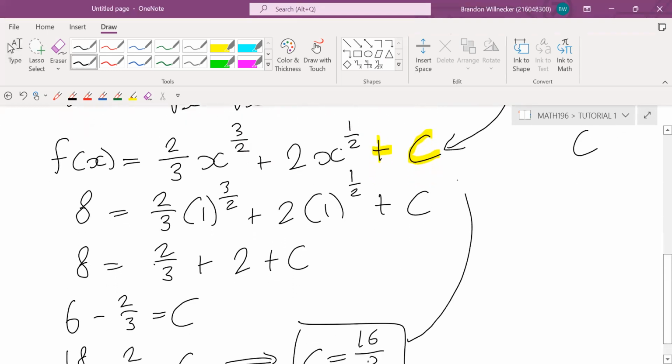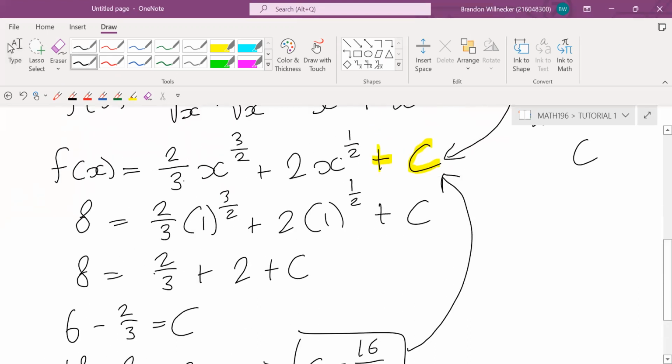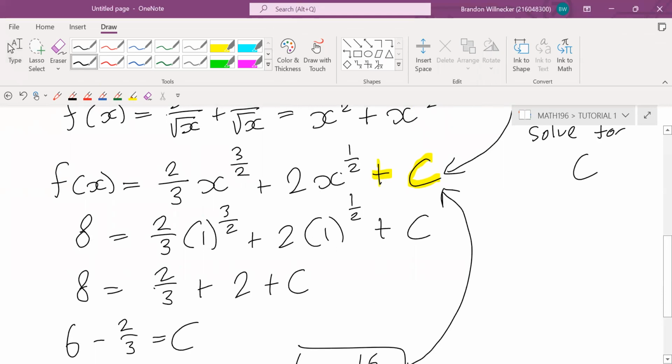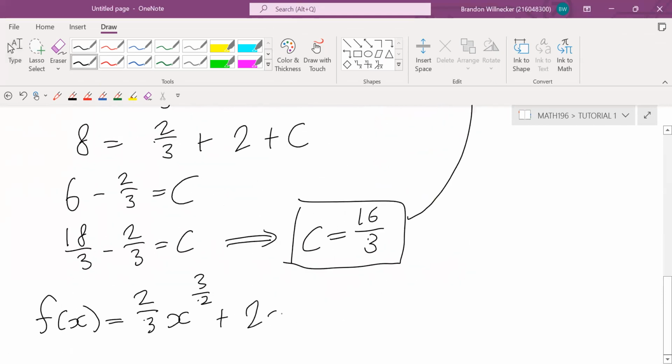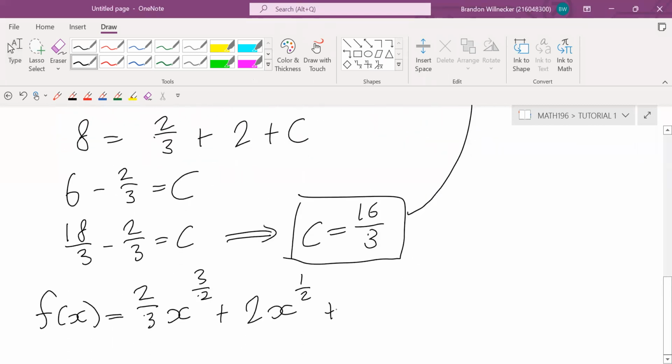So we can take this answer, substitute it back into what we started with, and we see that f of x is equal to 2/3 x to the 3 over 2 plus 2x to the 1/2. And instead of saying plus c, we know exactly what that has to be, 16 over 3. And that gives us what our function needs to be.